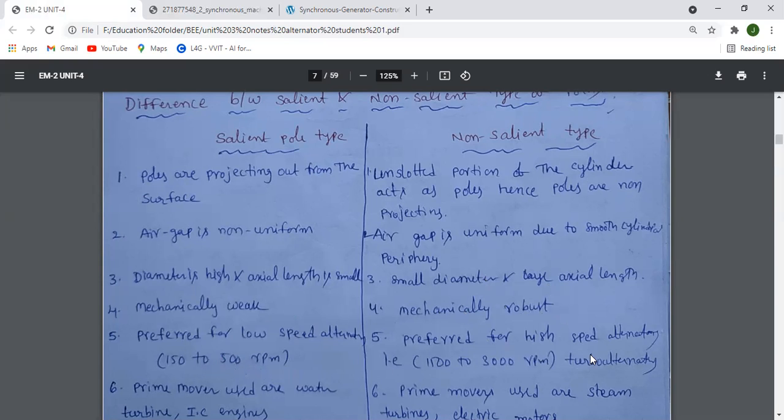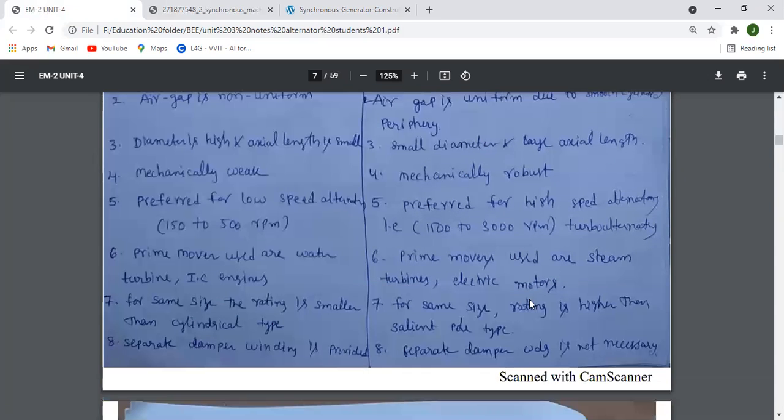The non-salient type has small diameter and large axial length, is mechanically robust, and is preferred for high-speed alternators of 1500 to 3000 rpm. Prime movers used are water turbines and IC engines for salient, and steam turbines and electric motors for non-salient. For the same size, the rating is lower for salient pole and higher for the cylindrical type.